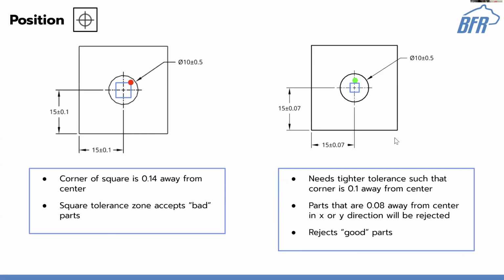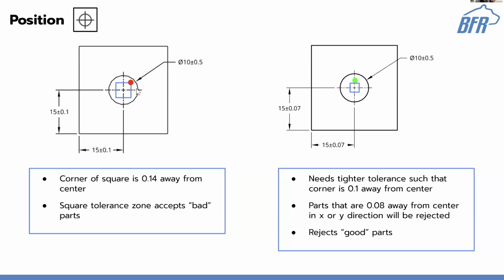Here, if I use the square dimensioning, this hole out here might be too far out, and I'm accepting bad parts now, right? Where now I get it back from the manufacturer, there's nothing wrong with it, but when I put it to assemble, it won't go through. And I can't blame the other guy because he did it to my drawing specifications.